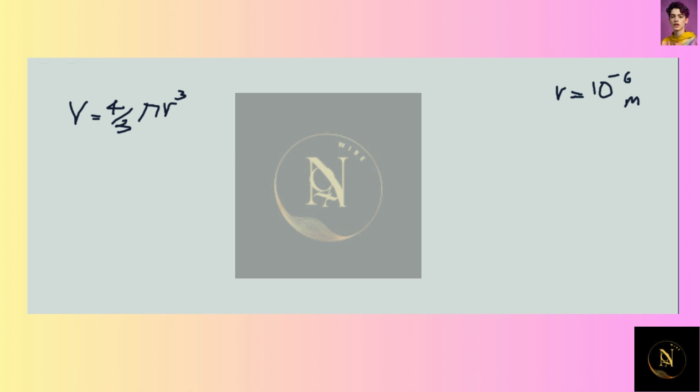So I just plug the value for the radius into the equation for the volume, and I get 4 thirds pi times 10 to the minus 6 to the power 3, in units of meters cubed. So I now have 4 thirds pi times 10 to the minus 18 meters cubed.